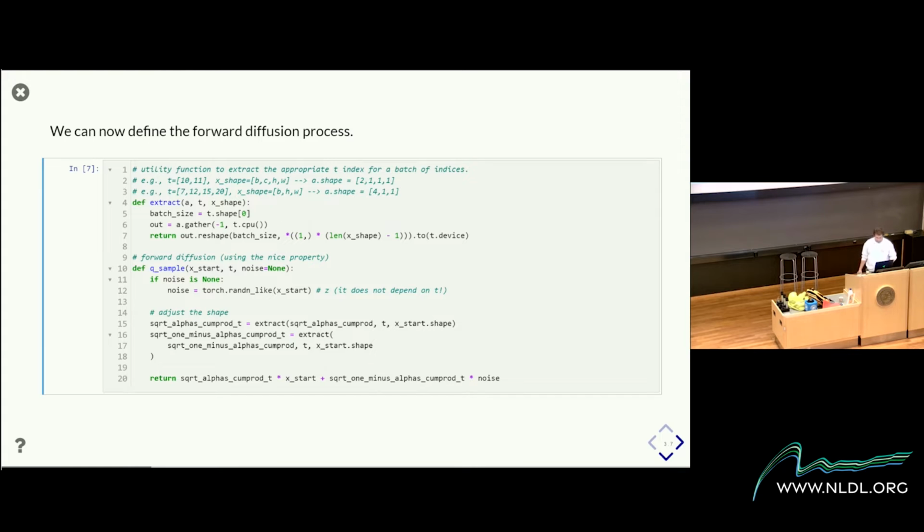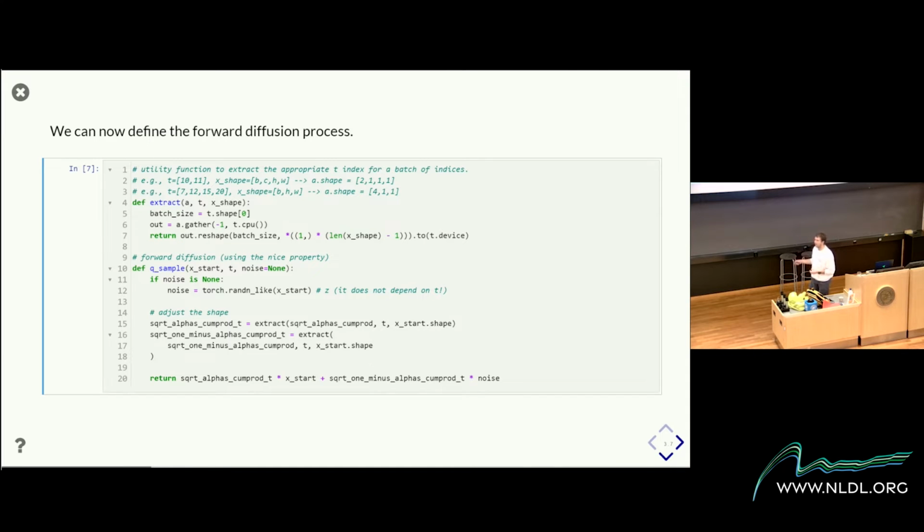Perfect. Then we just use the utility function extract from before to adjust the shape. There is nothing special going on here, I'm just putting the square root of alpha t bar and the square root of 1 minus alpha t bar in the right shape. And then I simply compute the sample. I just multiply the square root of alpha t bar by x0, which is our initial image.